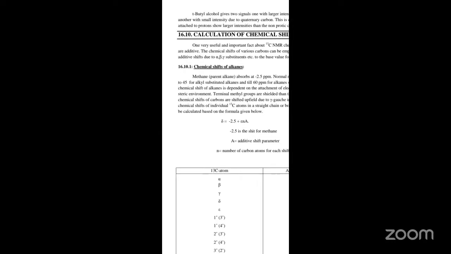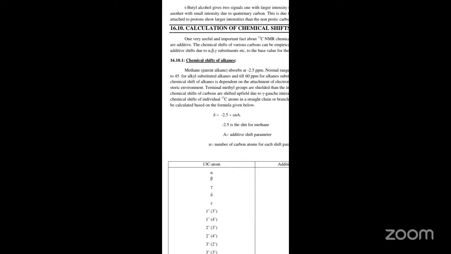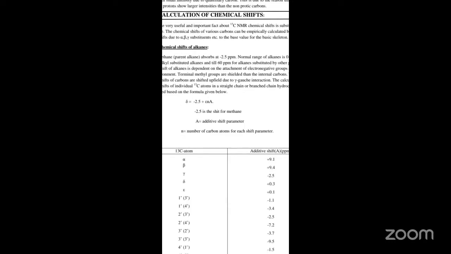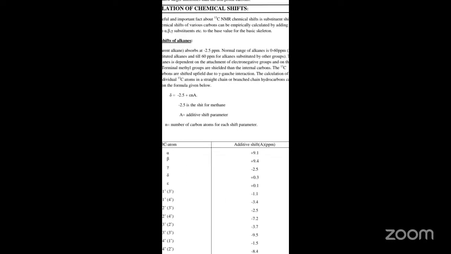We have some increment values and standard values for these alkanes. Methane, the parent alkane, absorbs at minus 2.5 ppm here, and the normal range of alkanes is 0 to 60 ppm.